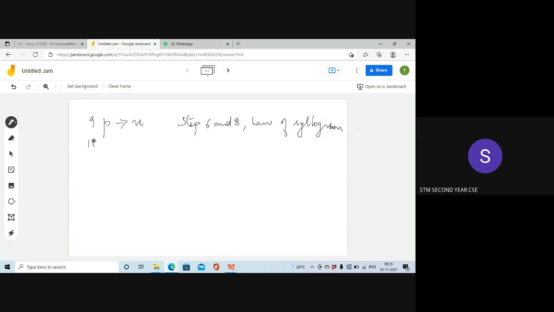Then in the 10th step, I'm going to take the last premise, that is not U. This is a premise that is given, the 5th premise. Now, which law can I apply to P implies U and not U? To 9 and 10, which law can you apply?